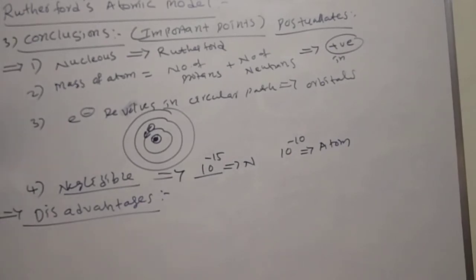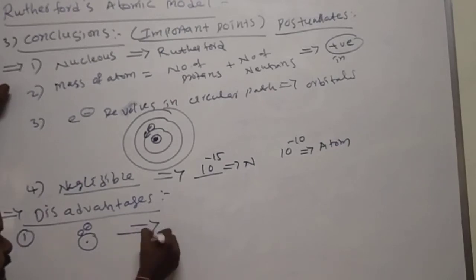Okay, first one: according to the electrostatic theory, if any charged particle revolves around the nucleus in circular paths, finally it should fall down into the nucleus. It is the electrostatic theory.